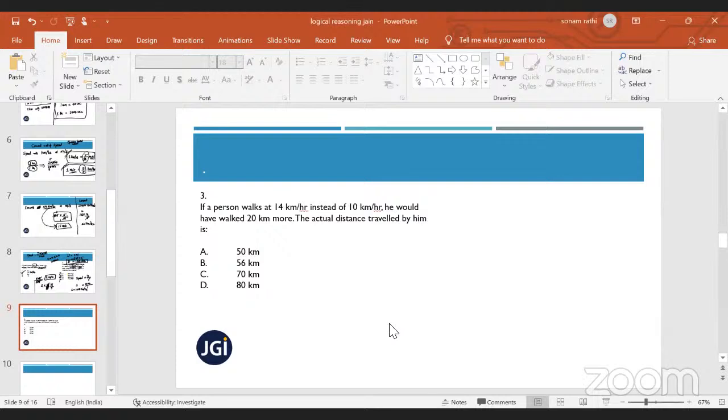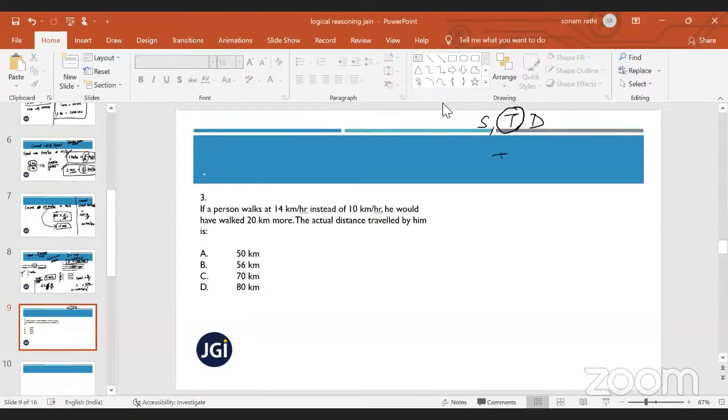There are three things: speed, time, and distance. Which thing is not changing in this question? No, distance is changing. He's walking 20 kilometer more. So whatever the distance is, say X, it is increased by 20. Which thing is not changing? Time. Yes, perfect. Time is constant in the question.